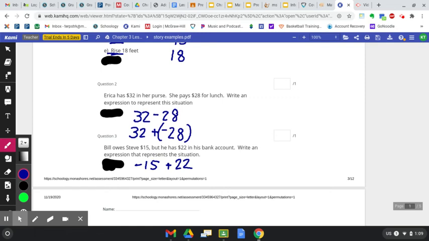So that's one way we could do that. Remember, with addition, order doesn't matter. I could have said, right, just reversing it. I start with $22, but I owe 15, or I start with $22 and I'm adding to that a negative charge that I owe to Bill. Any of those would model that situation.